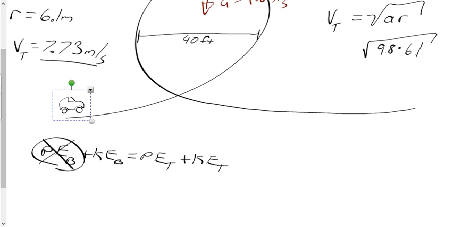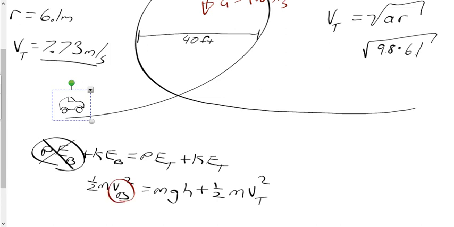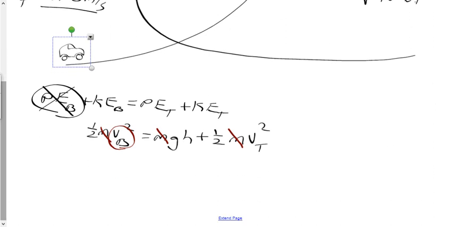We have 1/2 m v squared, where that's the velocity at the bottom, the entry speed, equals m g h plus 1/2 m v squared, that's the velocity at the top. So this here is what we are solving for. If you notice, mass cancels out. So the mass of the car and the mass of Jacob just does not matter, and we're going to solve for that velocity.